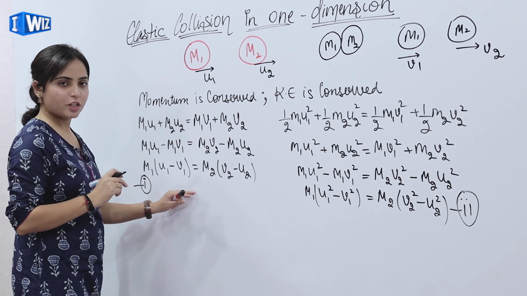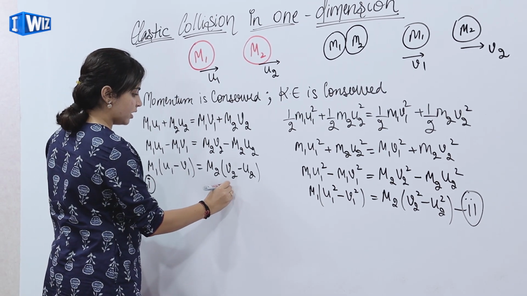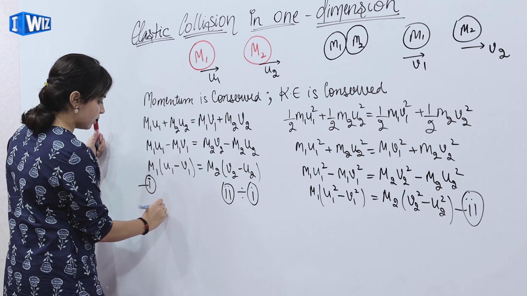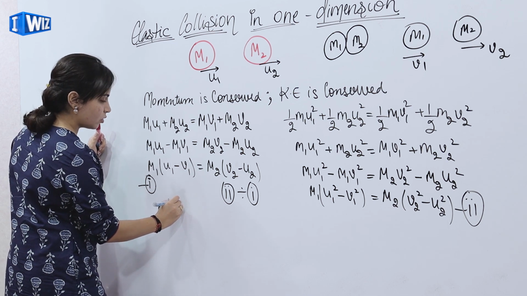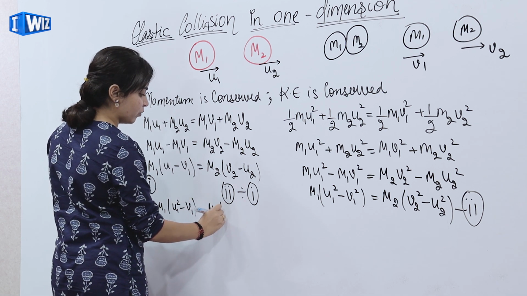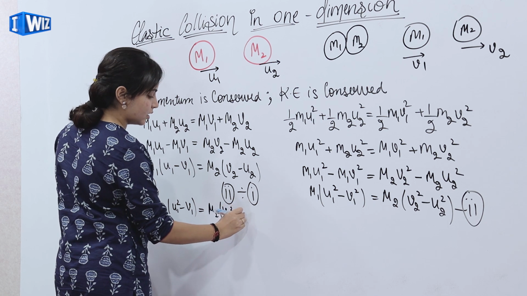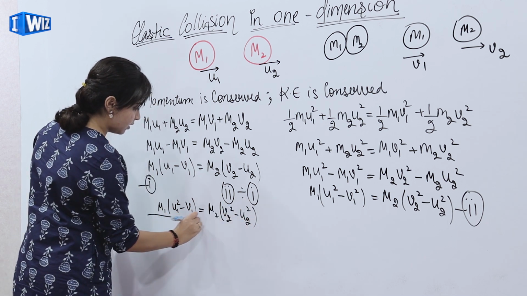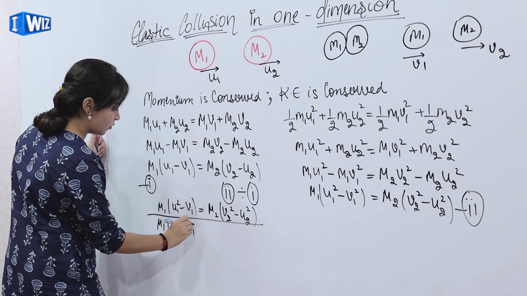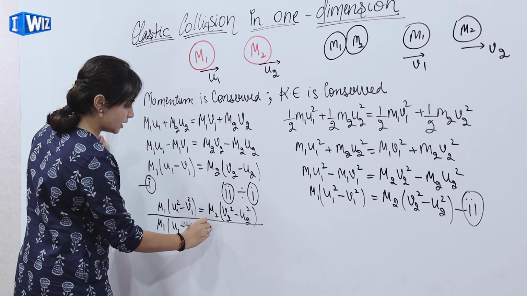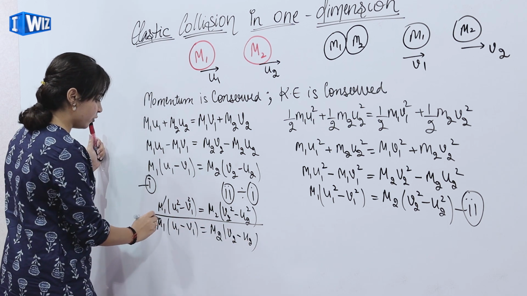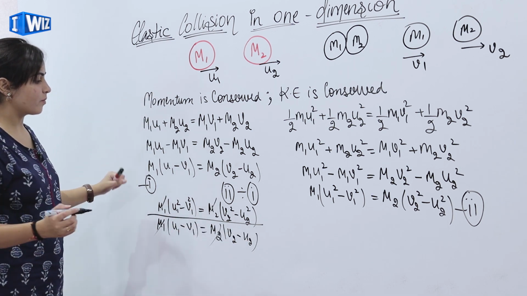Now dividing equation 2 by equation 1. We'll get m1 times u1 square minus v1 square is equal to m2 times v2 square minus u2 square, divided by equation 1, m1 times u1 minus v1 is equal to m2 times v2 minus u2. m1 cancels, m2 cancels.